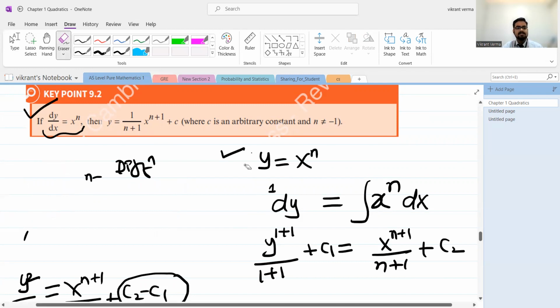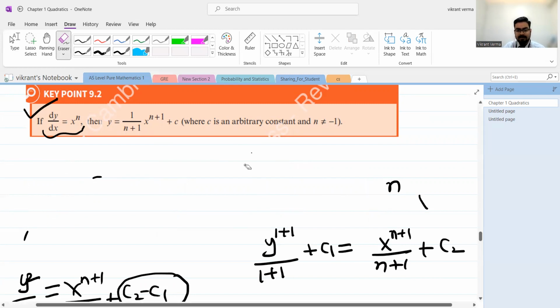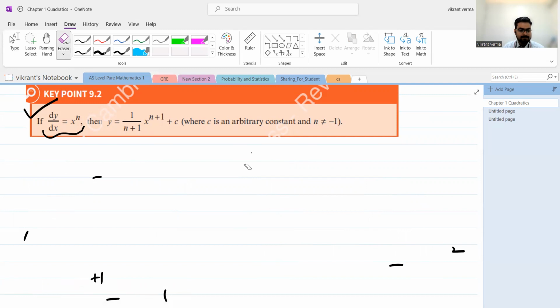Since you know the formula of integration for x raised to the power n, we do not have to worry much. I will apply a similar procedure.